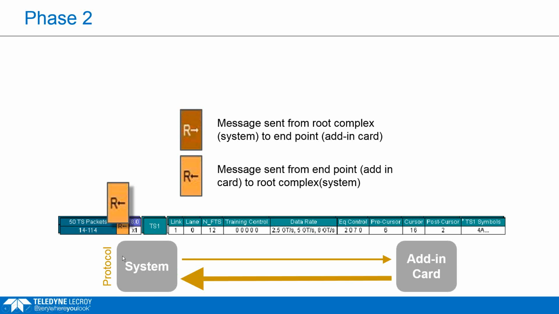This system, which in practice would typically be a server or a motherboard, can also be called a root complex or the upstream component. On the other side we have the endpoint, add-in card or downstream component. I use all those terms interchangeably. So this R here tells us we have a message coming from the add-in card to the system.